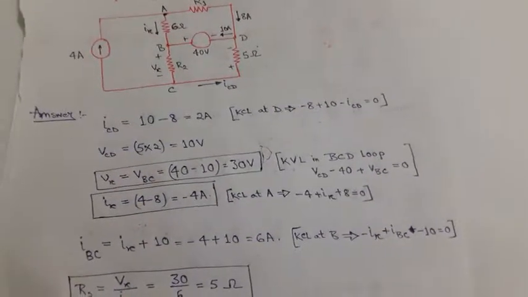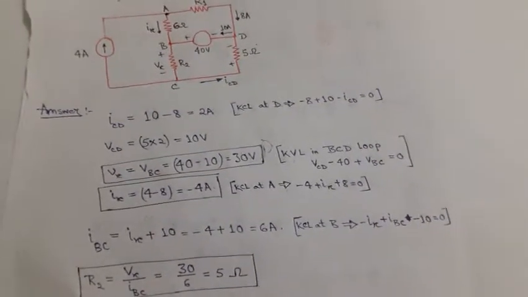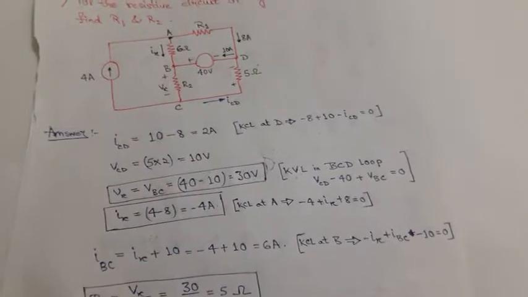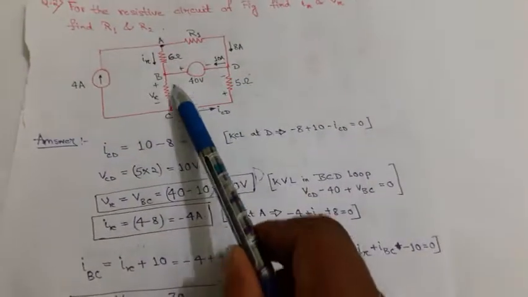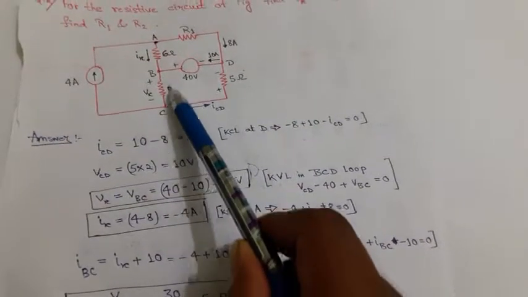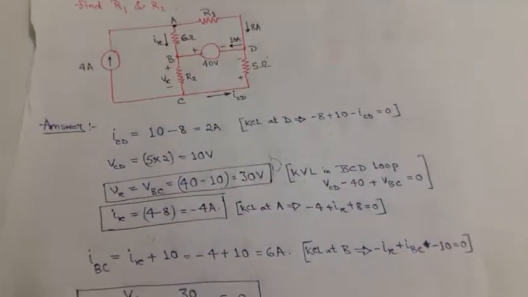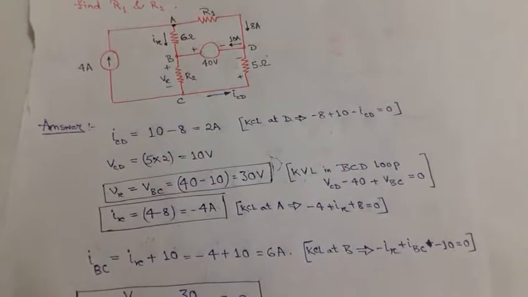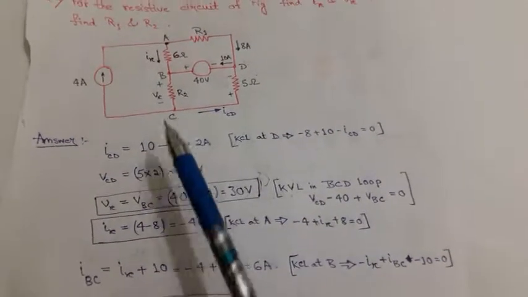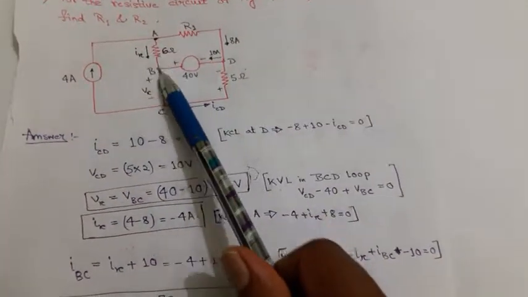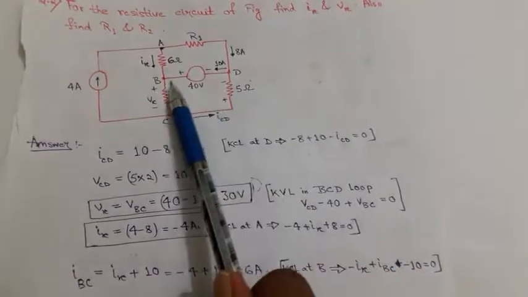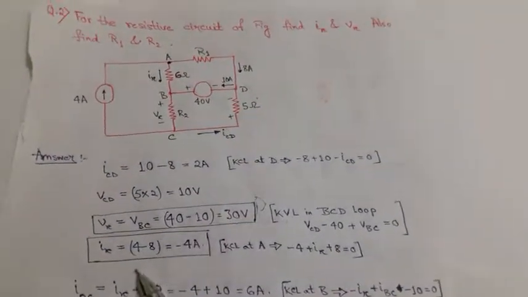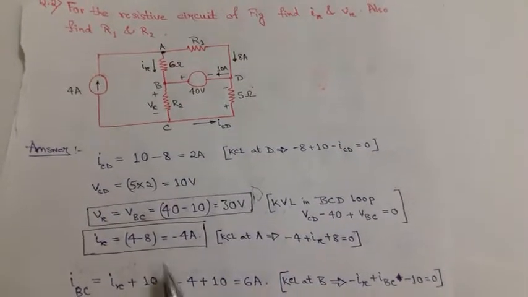Next I just want to find the value of IBC, that is the current across here. What is the value of current? IBC is Ix plus 10. As I have taken the direction of Ix like this, entering B, and 10 ampere is also entering B, Ix plus 10 will be IBC.